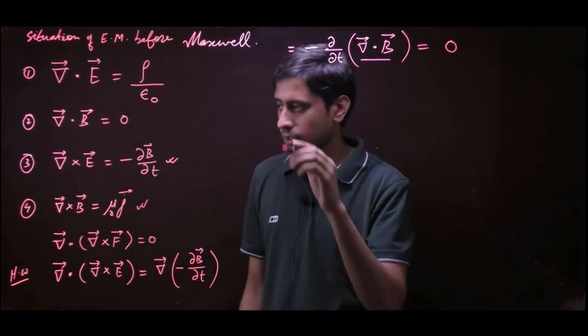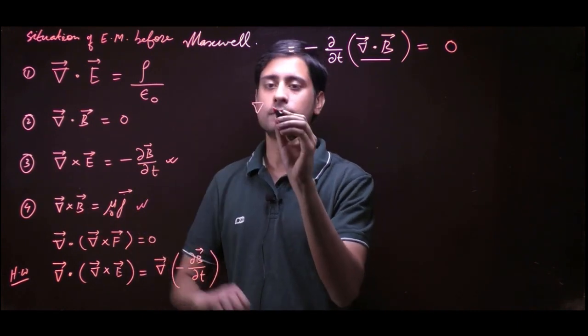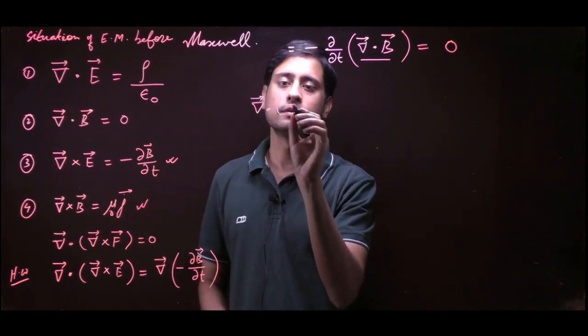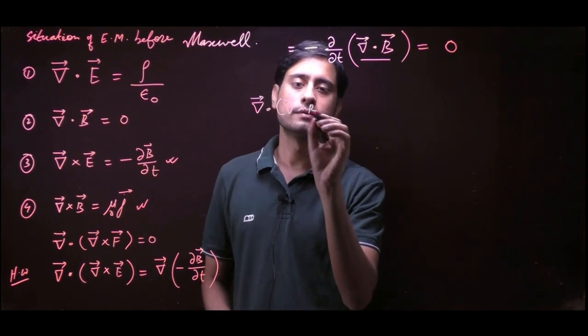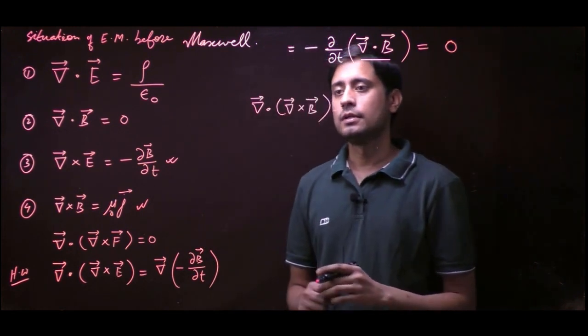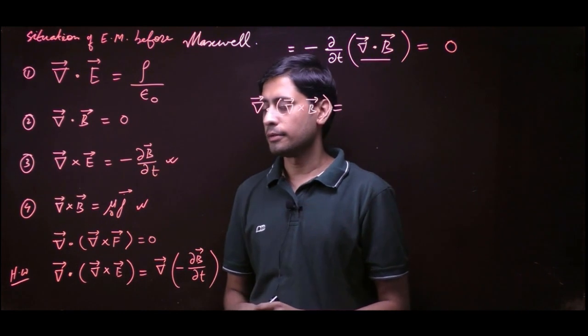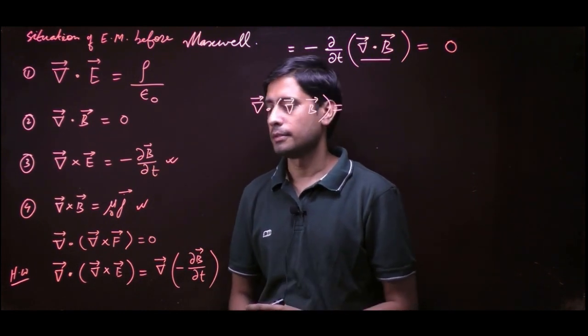Now for the fourth equation, when we do the same kind of thing, what do we get? The divergence of this term, del dot del cross B, must be 0 by default, by the rules of vector calculus.